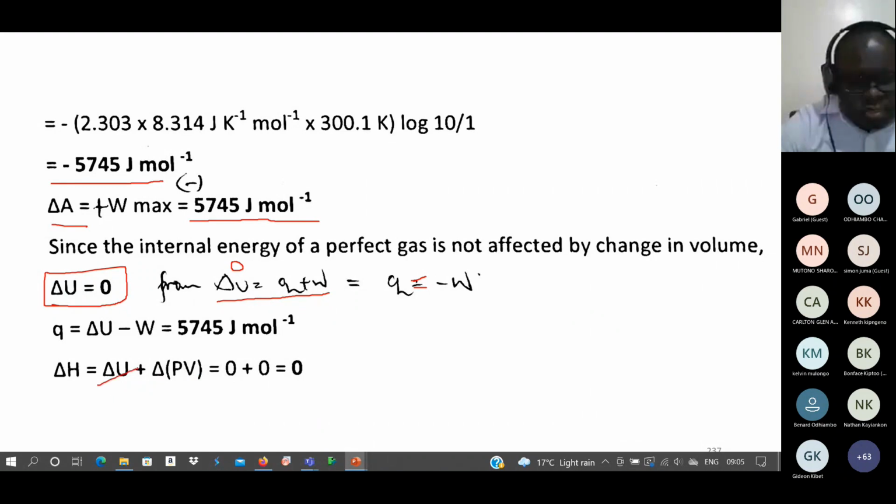We know delta U is 0, and change in PV is also 0, because PV is constant at a constant temperature.